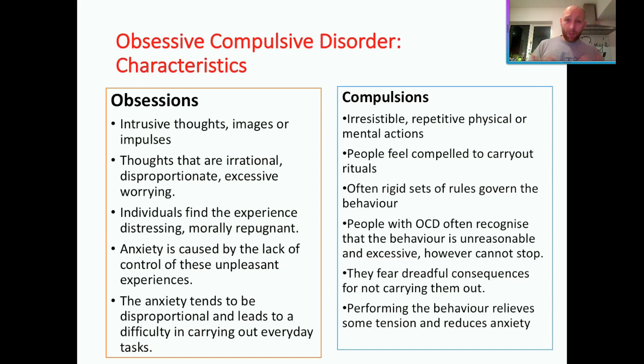And performing the behaviour, the compulsion, actually relieves to a mild level the anxiety generated by the obsessions. So these two drive each other in some sort of bizarre reward-based feedback loop, where to avoid the negative experience of obsessions, we carry out the compulsive behaviours in a sort of negative reinforcement fashion. So it's a very complex disorder, and it can be very debilitating.